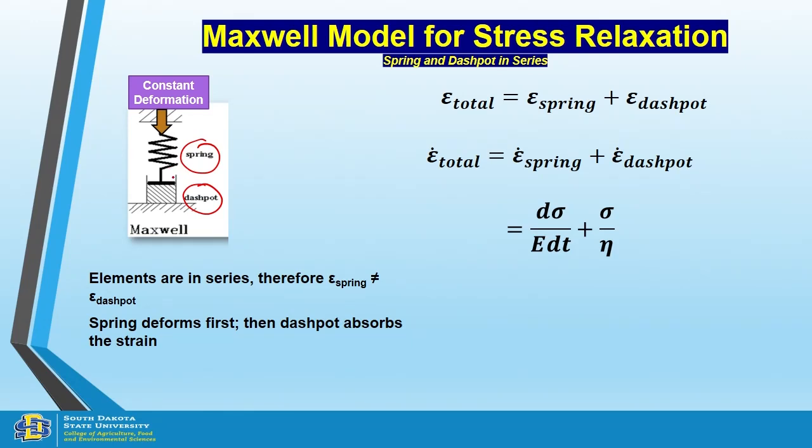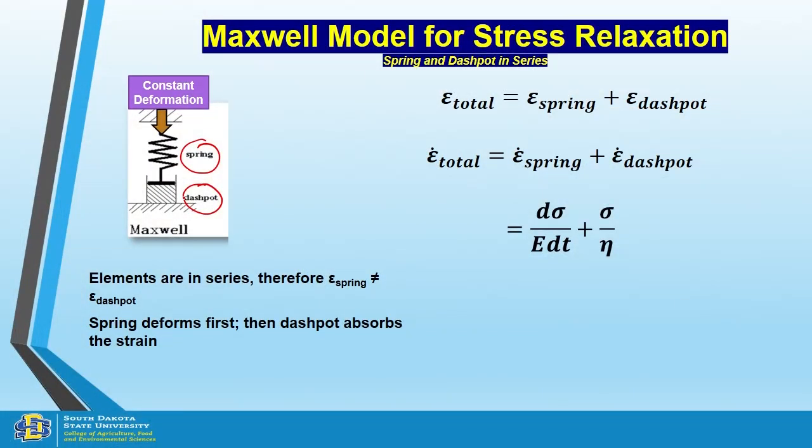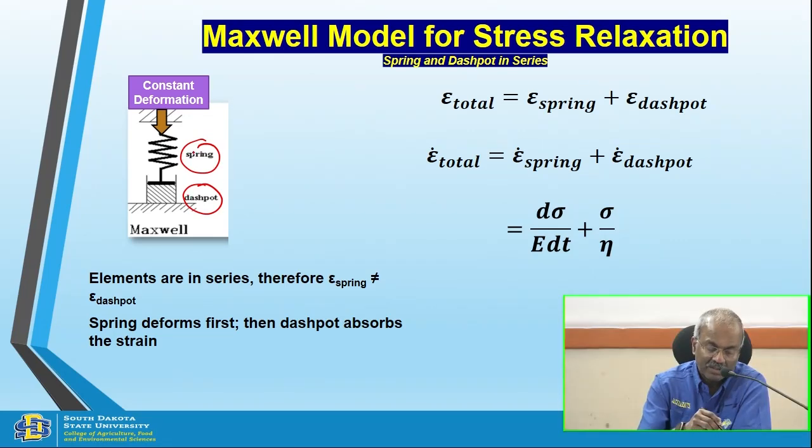So here the dashpot is going to dictate everything. Dashpot will say, I just want to take my own time, I just want to go slowly. Spring will say, no, I want to go back immediately. That's my characteristic. But at the end, the dashpot will absorb the strain, then this will control everything in the whole process. That's what is happening here.